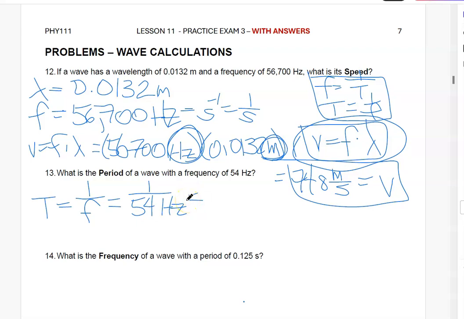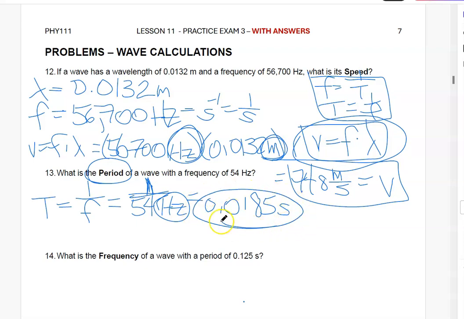So when you take the reciprocal, the numerical value is 0.0185, and this is 1 over 1 over seconds, so we get our seconds back. That makes sense because period is a measure of time, so our answer will be in seconds, 0.0185 seconds.